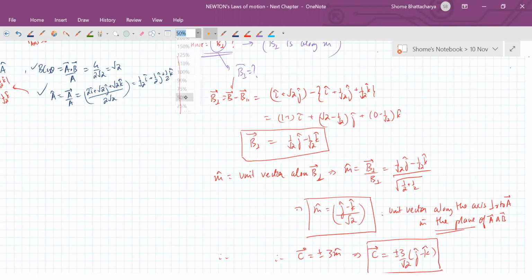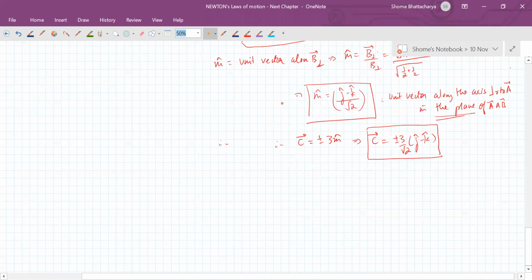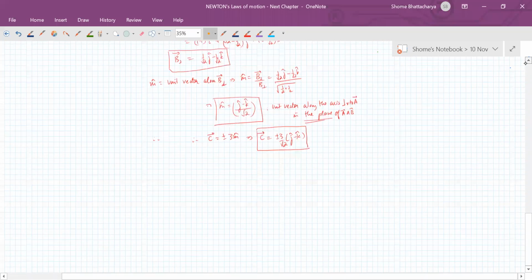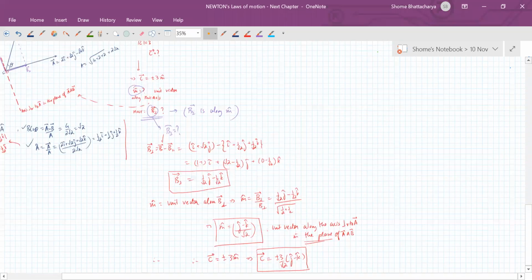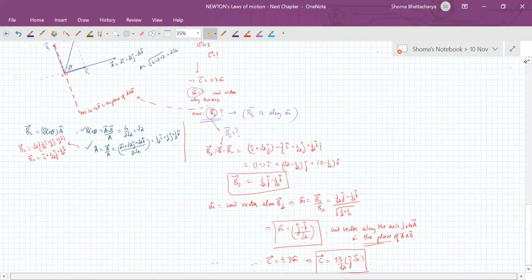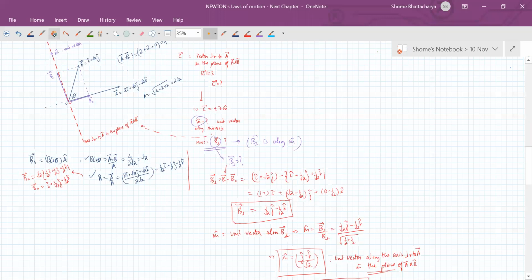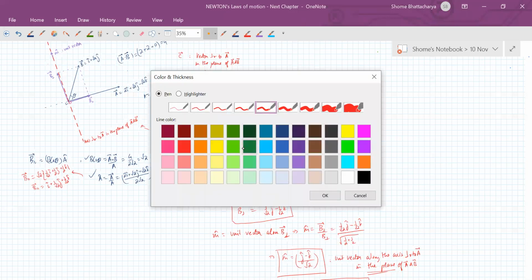Because going back to that diagram, that vector C could be along the axis of m cap, or it could be along the negative axis of m cap also. Okay. So the vector C in this diagram can be one of these two vectors which I am drawing.